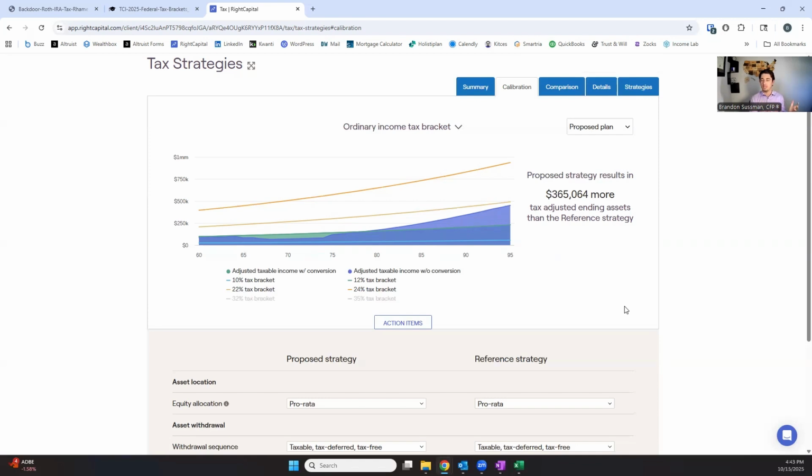And if it's all pre-tax, anything that they liquidate is going to count as income for them. So you could give your kid a $500,000 pre-tax retirement account, and they're going to have to liquidate that over 10 years. They're probably just going to spread it out evenly. So that's an extra 50 grand on their income every single year that they're going to have to pay income taxes on. And that's really going to take away from a lot of that money.